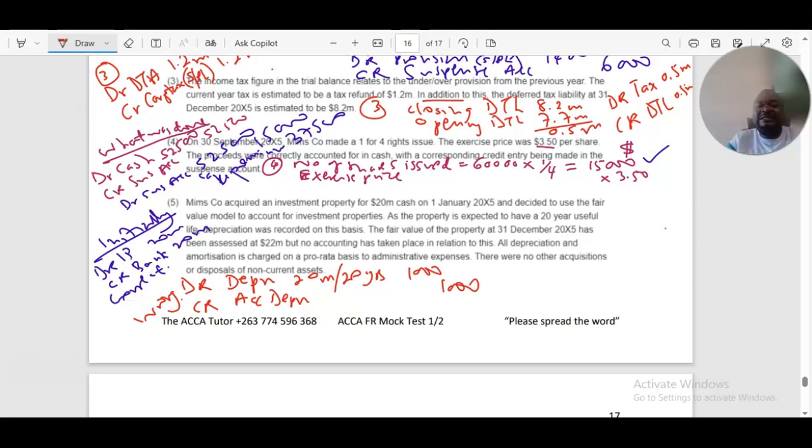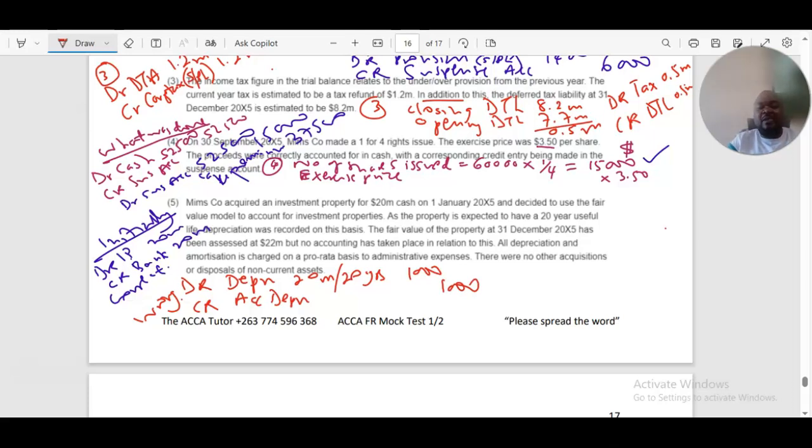The fair value of the property at 31 December 2025 has been assessed at 22 million, but no accounting has taken place in relation to this. All depreciation and amortization is charged on a pro rata basis to admin expenses. Everything has to be charged to the admin expenses, we are told by the examiner.